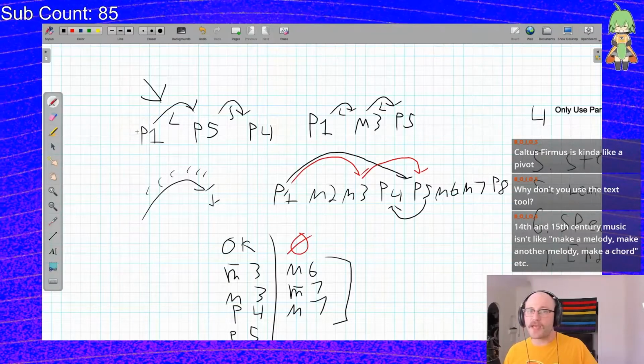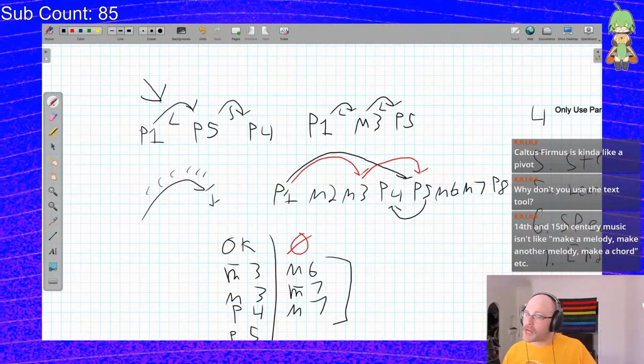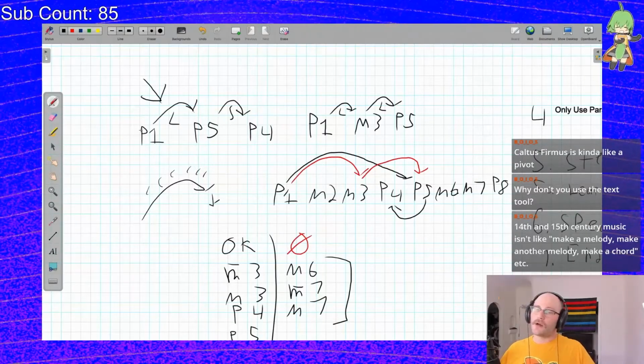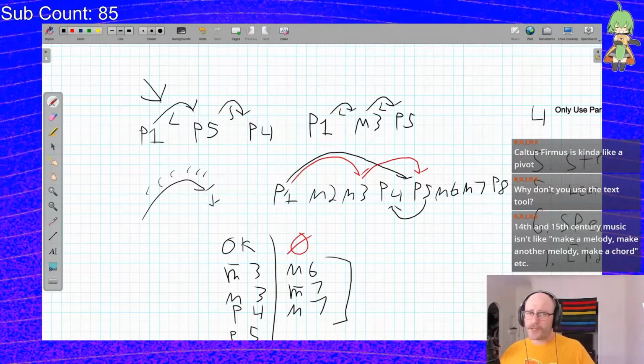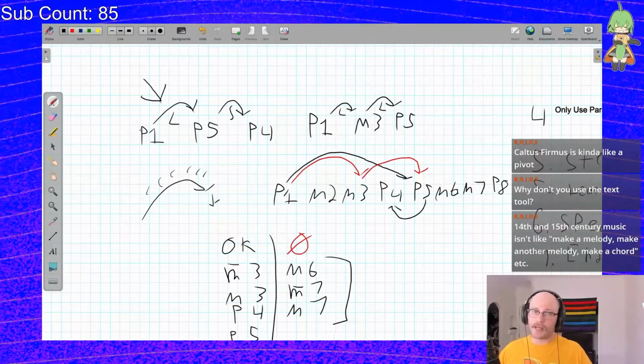If I am leaping a perfect octave, I'm probably going to step down to the major or minor sixth, or seventh, excuse me, in order to counteract all of that momentum in the notes.